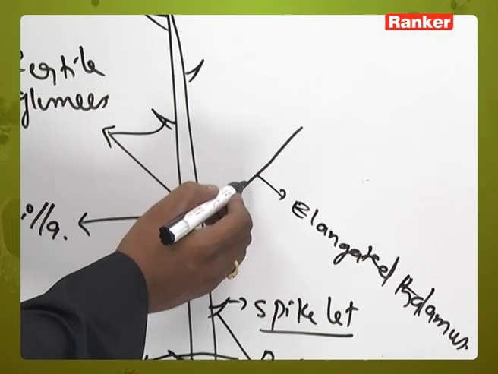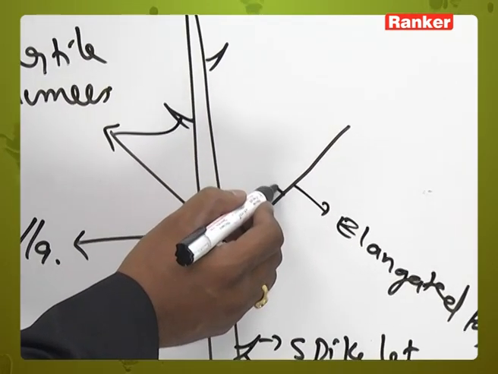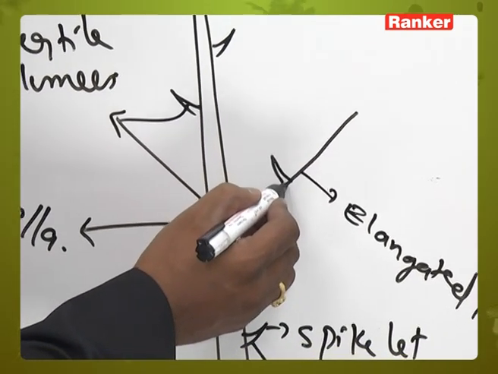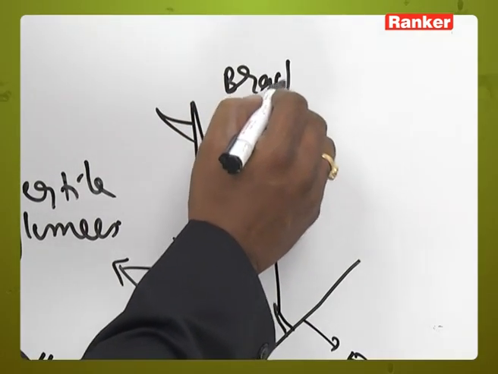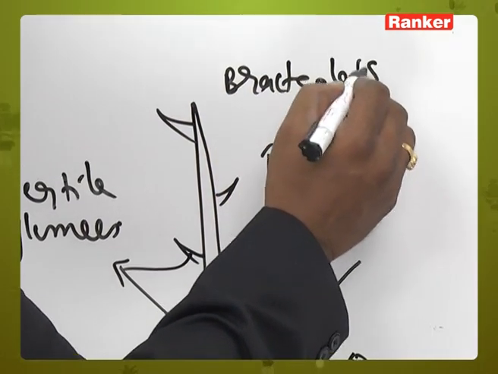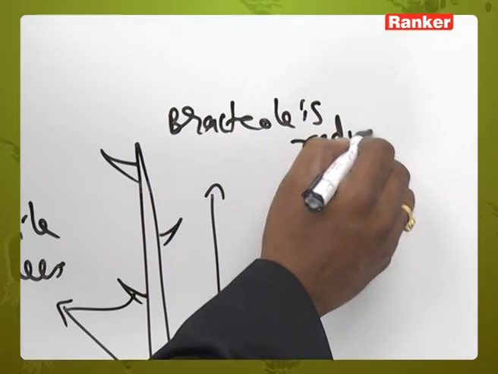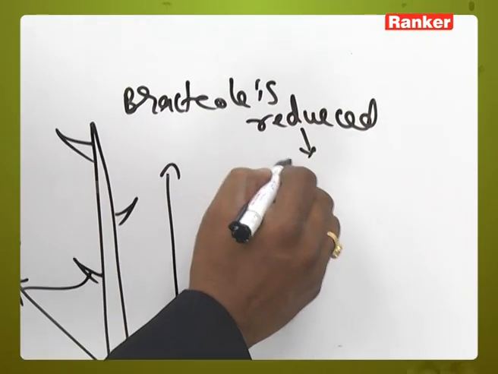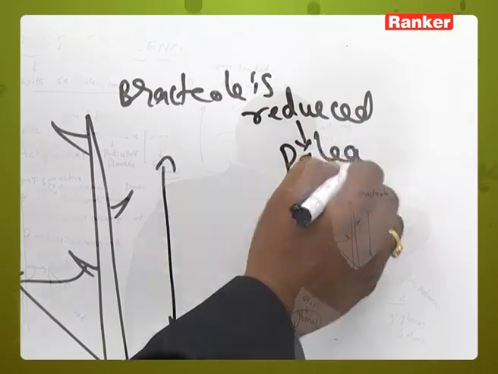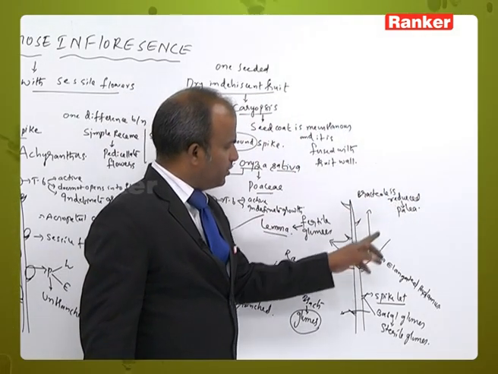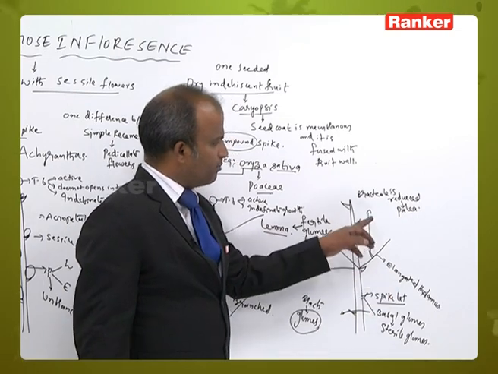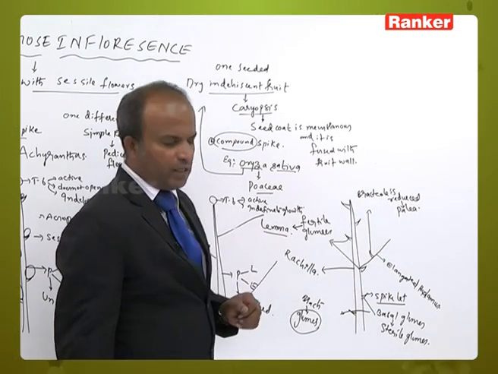On this elongated thalamus, the bracteole is reduced into what is known as the palea.